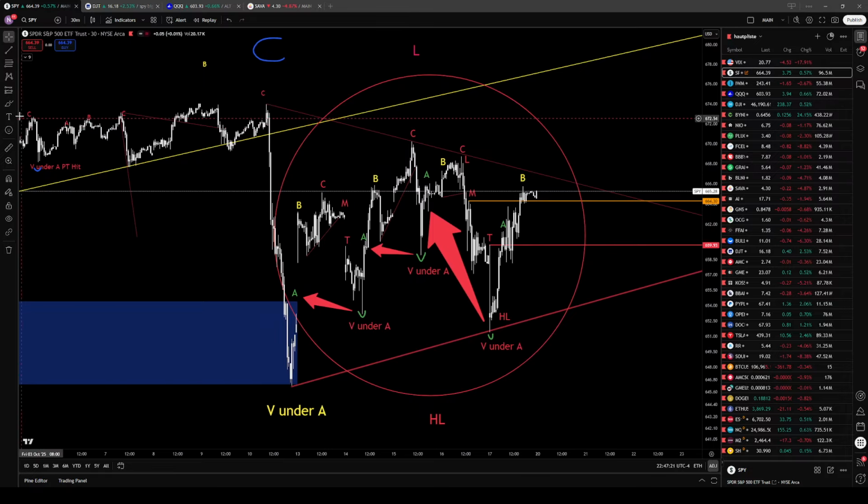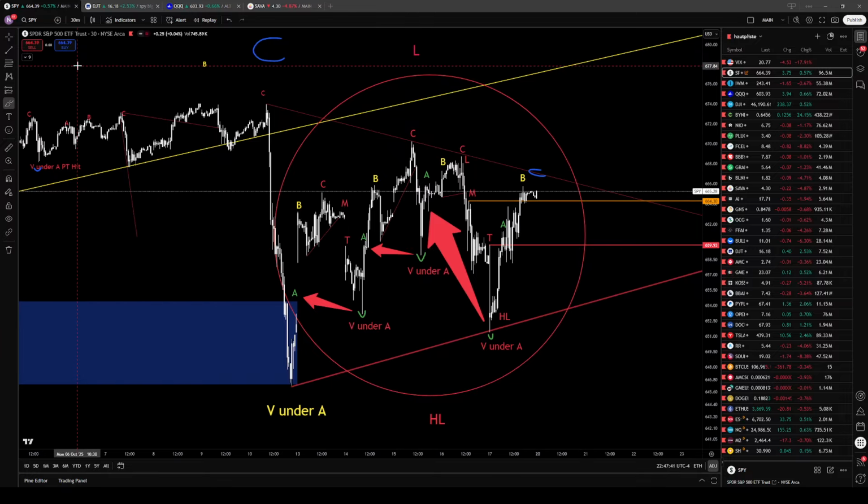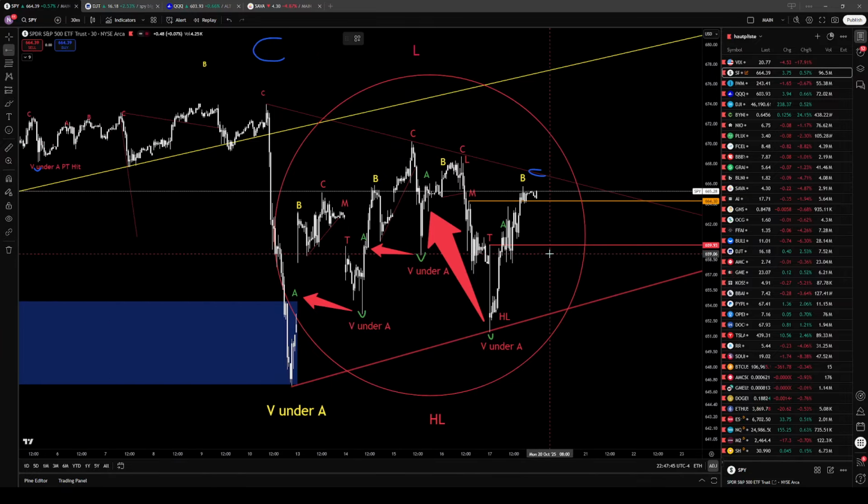The second bullish version, which also is the bearish version, would be you're not breaking this trend line. Here would be your C. You would fall under again. Your V under A and the little tracking would be something under here.